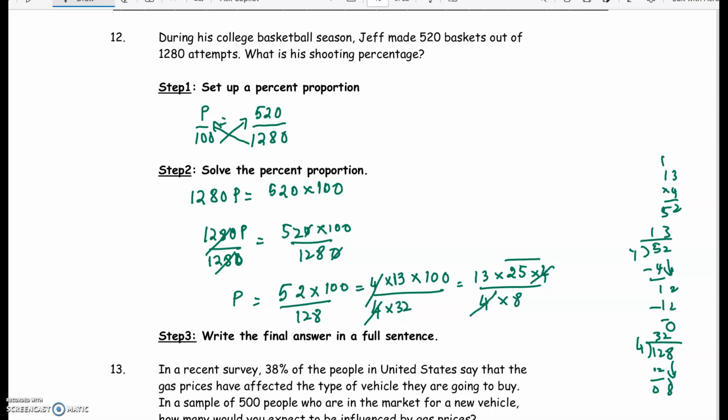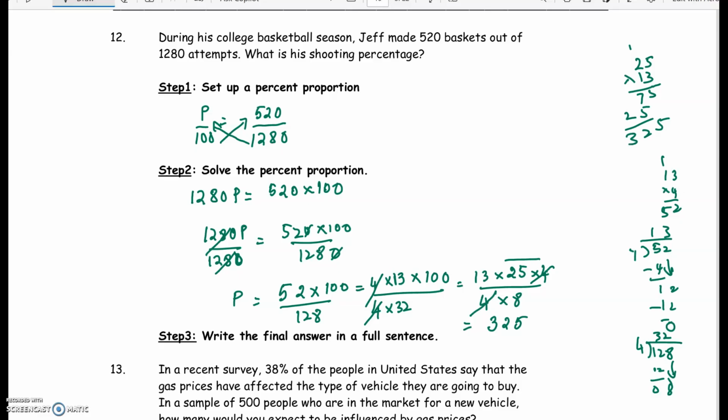The 4's cancel, and you're left with 13 quarters. 4 quarters make $1. 4 threes are 12, so $3 and one more, $3.25. So you can double check. 25 times 13. 5 threes are 15, 3 twos are 6, 7, 5 ones are 5, 2, 12, 3. So that's 325 over 8.